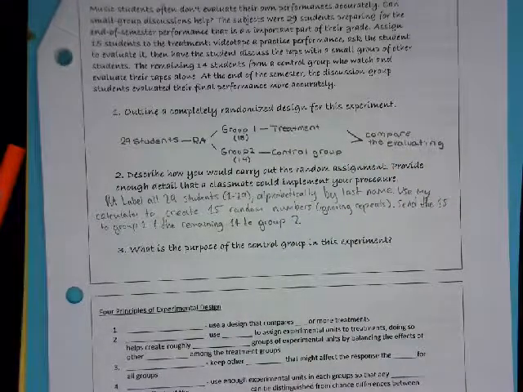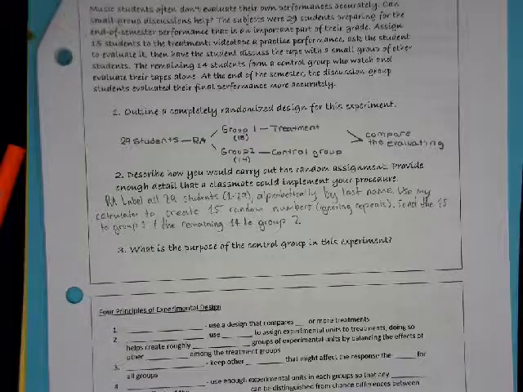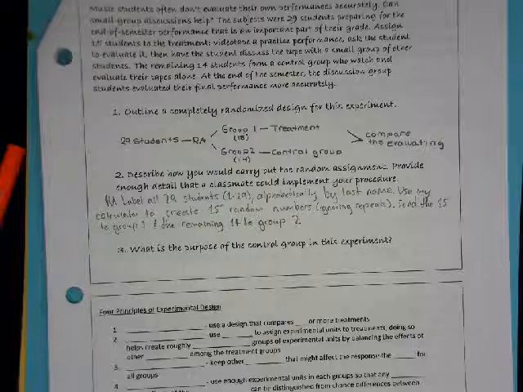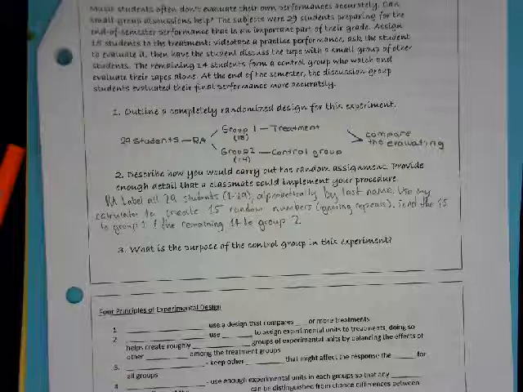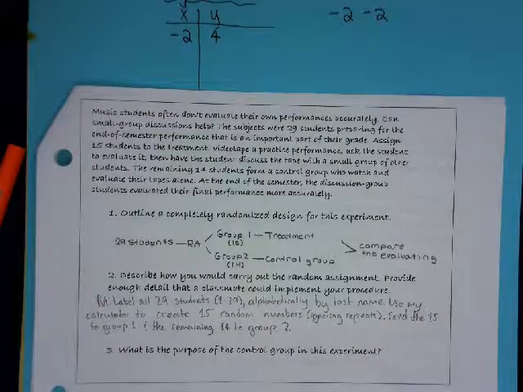Alright, so a lot of you were halfway there on number 3. I see a lot of you that said stuff like to compare the group discussion with doing it by yourself. Which is, like I said, halfway there. The definition of a control group is to provide a baseline.